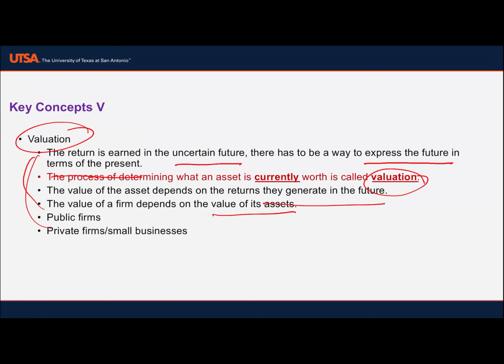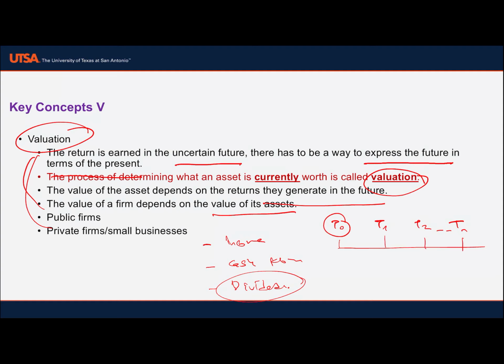We can have valuation for public firms, private firms, and small businesses. How can we do that? We mainly look at the financial performance of the company, and it can be their income, or their cash flow, or their dividends. Let's say we're looking at dividends at time 0, time 1, time 2, and time n.